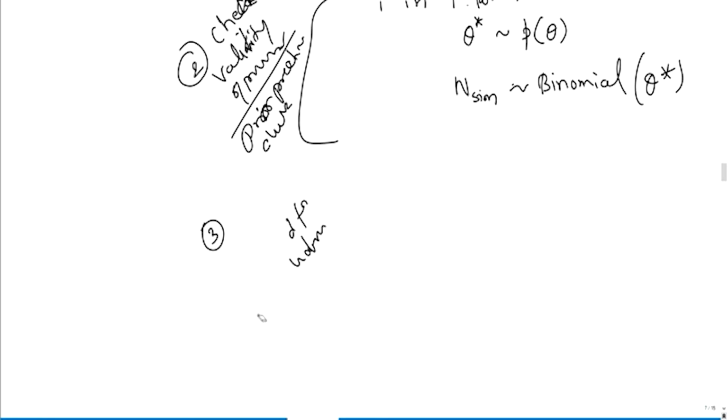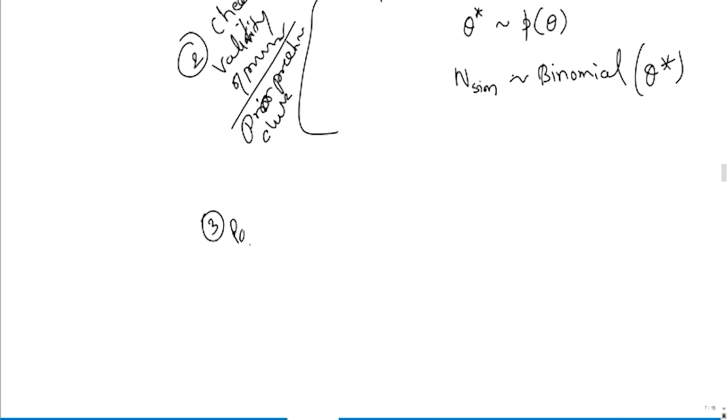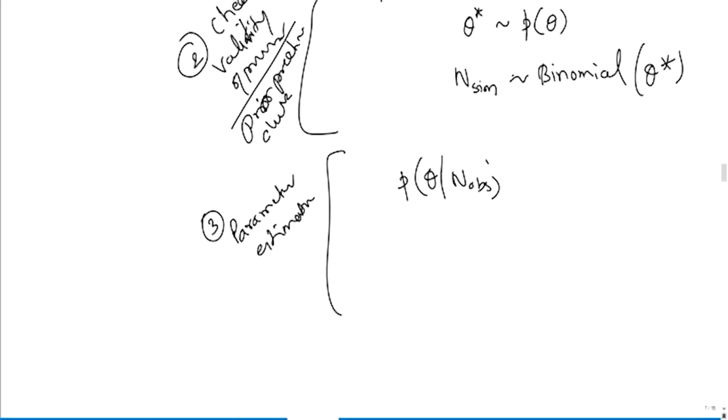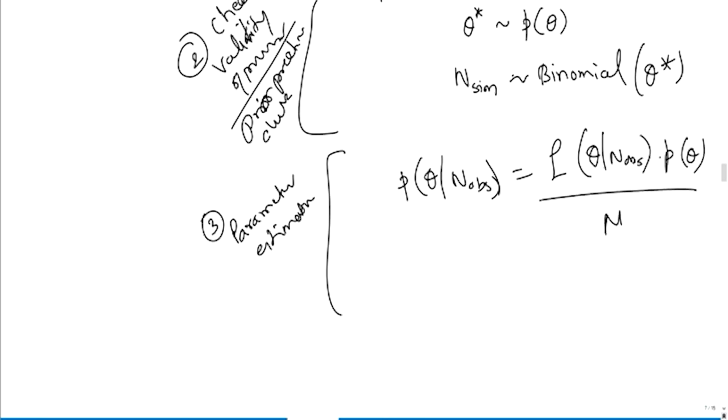You can call it the parameter estimation step. How do you estimate parameters? Using Bayes theorem. The posterior distribution of theta given the data is the likelihood of theta given the data times the prior distribution of theta, divided by the marginal likelihood.